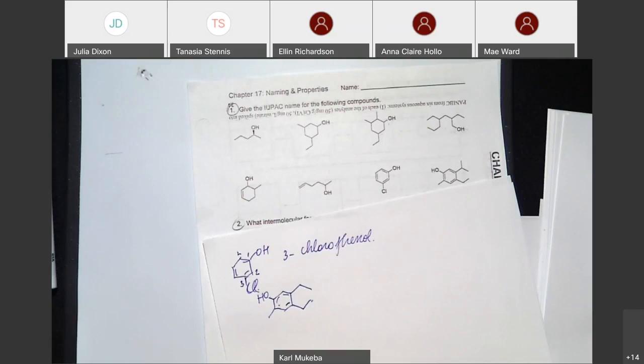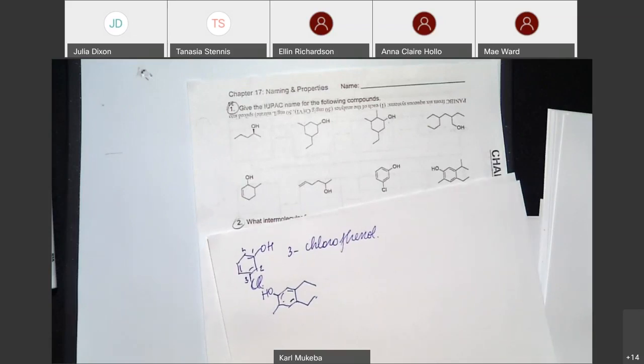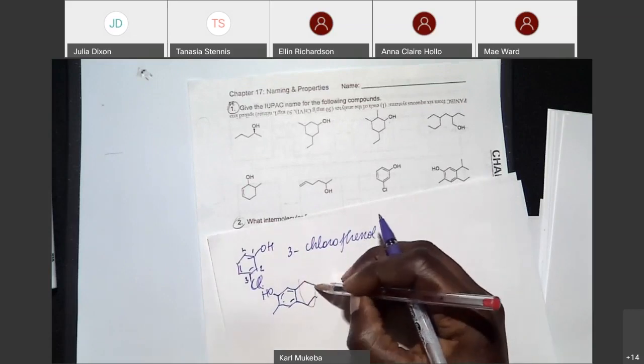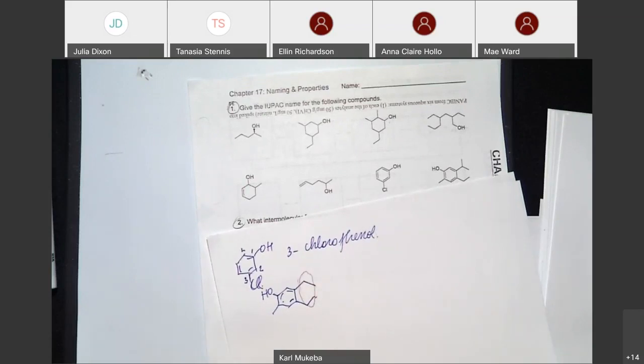So how are we going to name this compound? Let's see, we have 2 substituents, right? And those are the same.